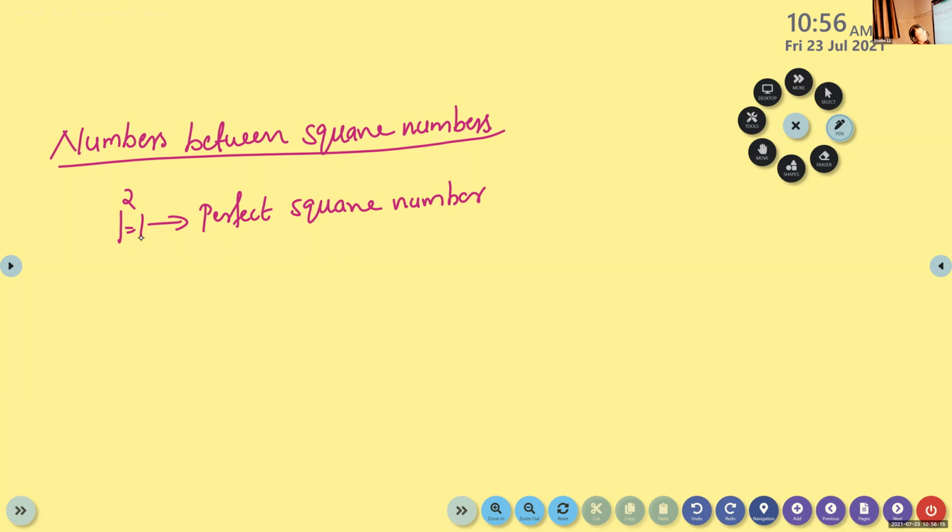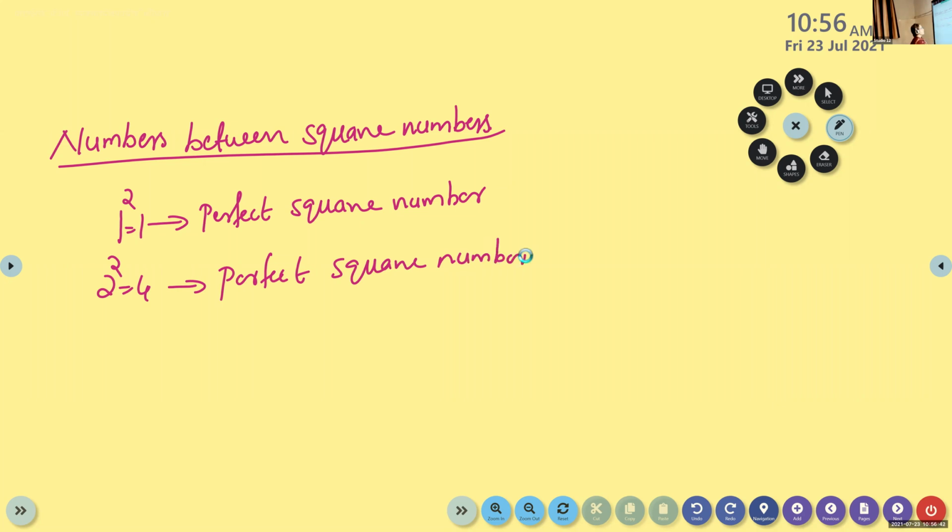Which is the next perfect square number? Correct, 2 square. What is 2 square? 4. So 4 is the next perfect square number. That is, 2 square equal to 4 is a perfect square number.